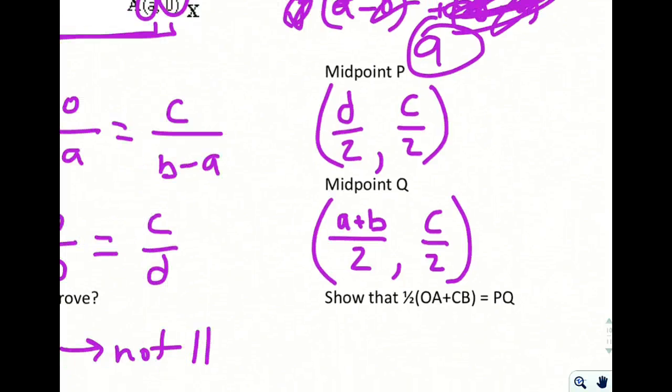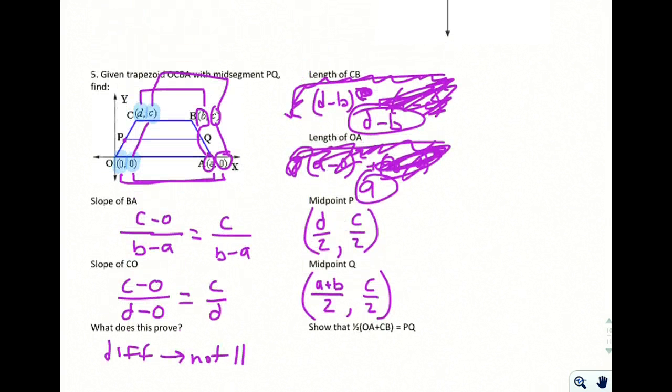And the last thing, our complicated step says show that half of the average of the two lengths, so half of the average of this length and this length, and by half of the average I mean half of the sum, so the average of those two lengths is equal to the length of PQ.